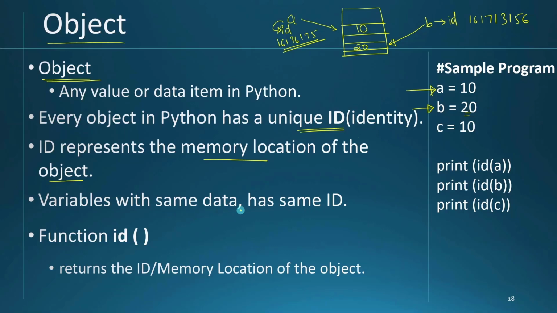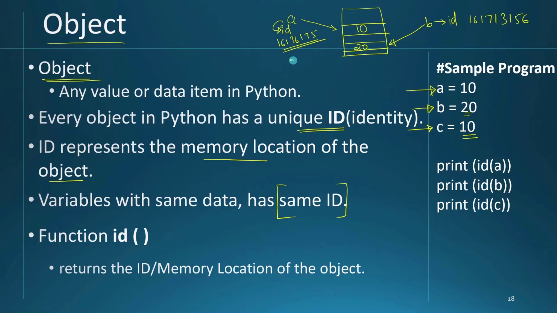Variables with same data will always have same ID. Here in this code, you see the next variable c is also having value 10. So now you see variable a and variable c both have same value. So now it will not create a new memory location to store 10 because 10 is already available in memory.